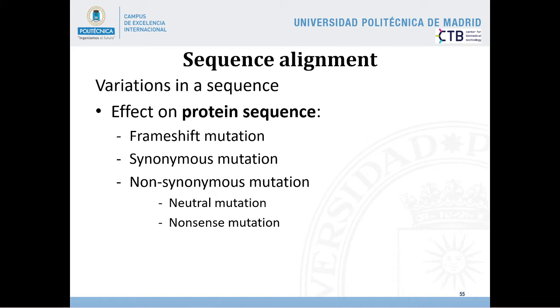Also, depending on the effect that we have on the protein sequence, we have different kinds of variations that come from those in the slide before. Depending on how they are settled, they will be one or another. We have frame shift mutations, which are mutations caused by the insertion or the deletion of any number of nucleotides that is not divisible by 3.